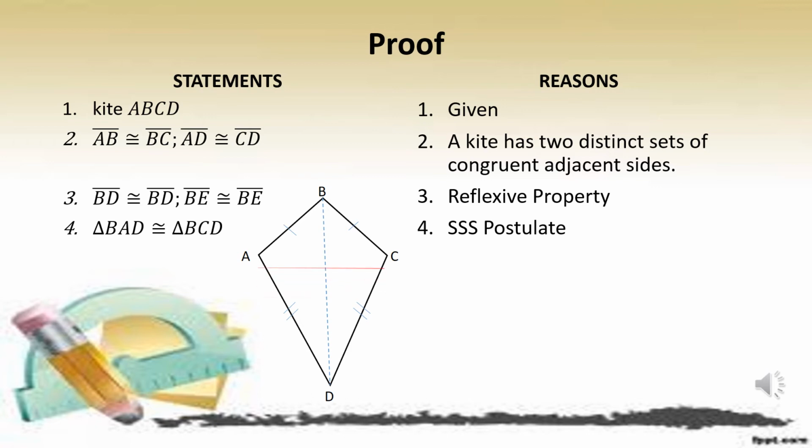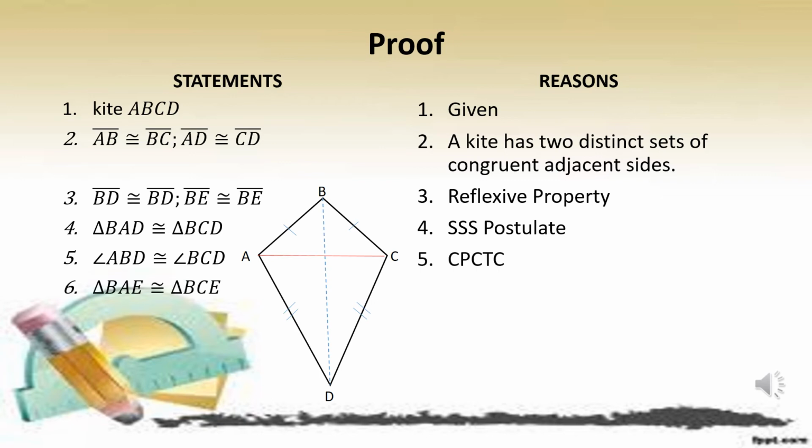Next, statement 5, angle ABD is congruent to angle CBD, and that is the CPCTC. Because we already proved that BAD is congruent to BCD, we can say that those corresponding parts of the two triangles are also congruent. Next, triangle BAE is congruent to triangle BCE, and that is the side angle side postulate.